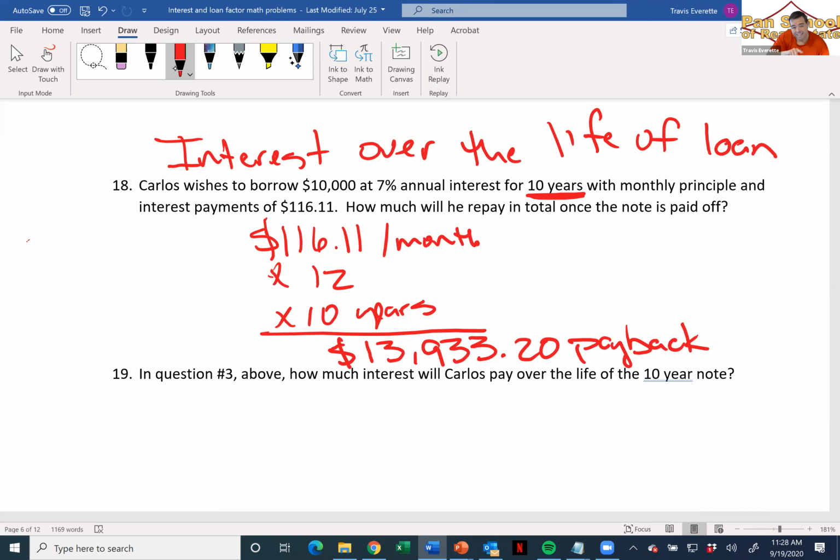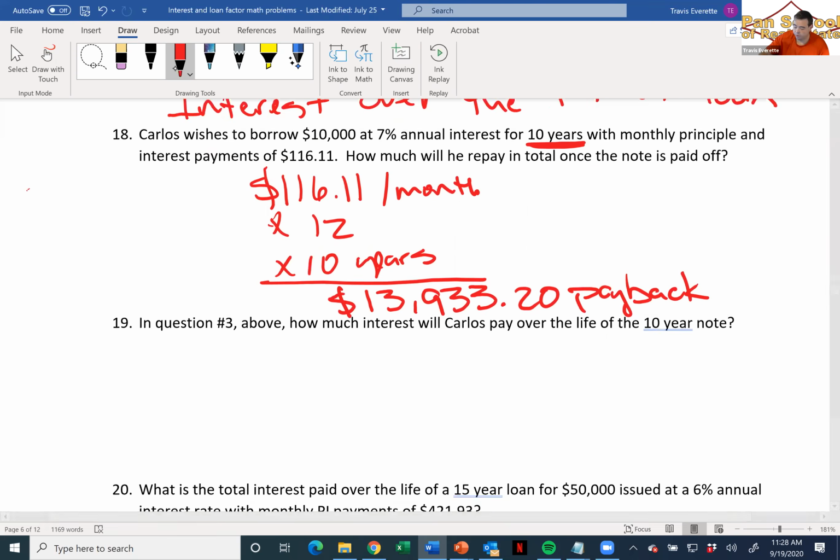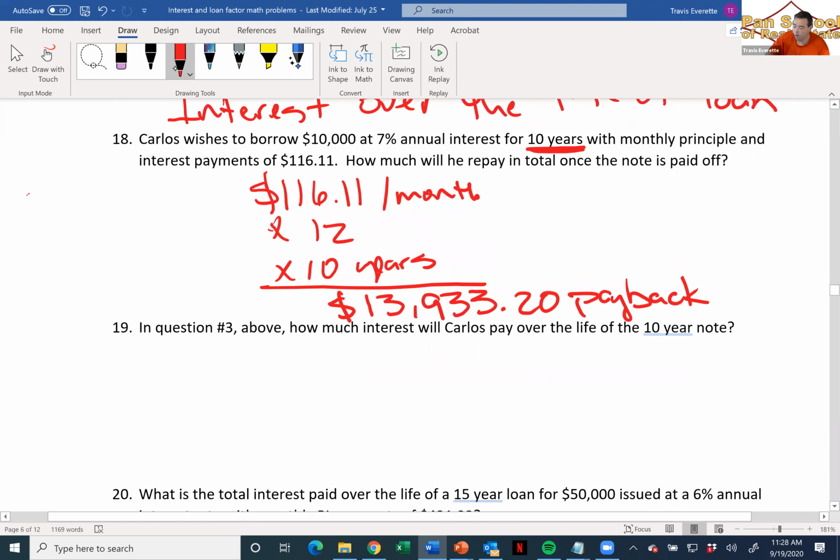Now, the next step in this progression is if you look at number 19. In the question above, how much interest will Carlos pay over the life of that 10-year note? Here's the thing.